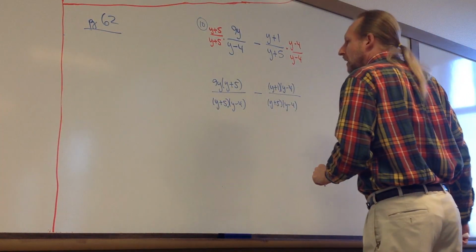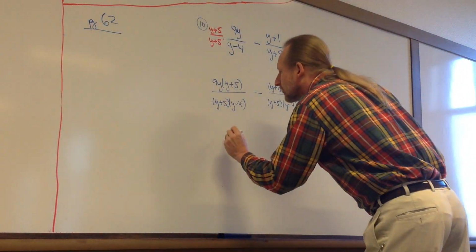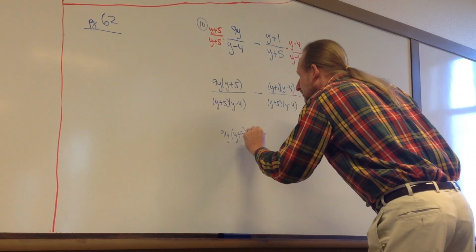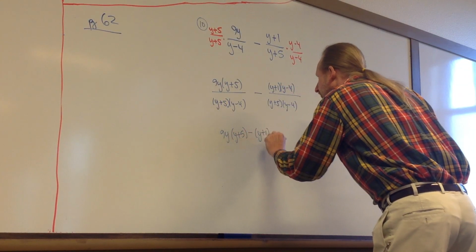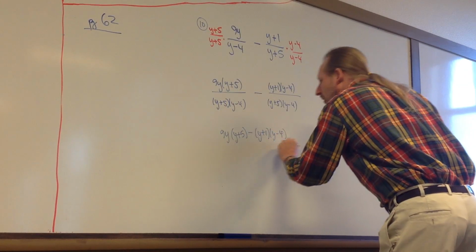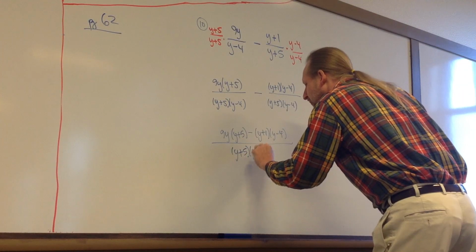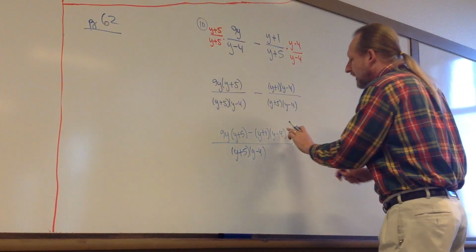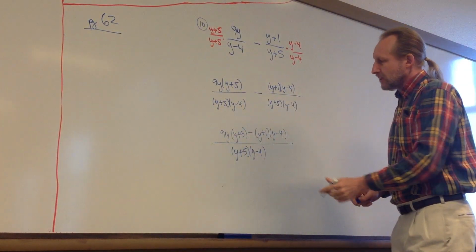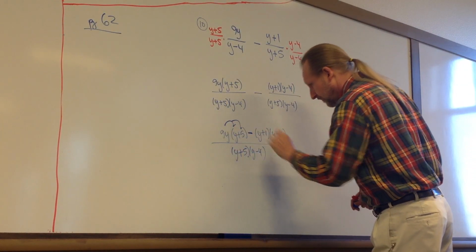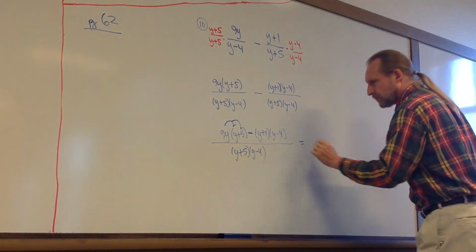Okay, so now I'm going to write this as a single fraction with that common denominator, y plus 5 times y minus 4. And again, you can't cancel here because of this subtraction. What we need to do is distribute.